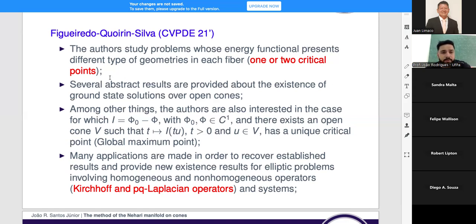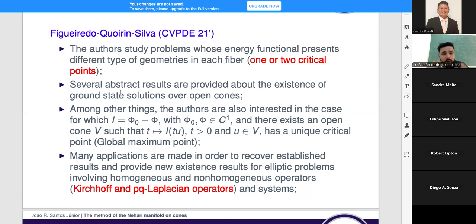In this paper, the authors studied some problems involving functionals with different behavior for each fiber. So in some fibers, for example, you have two critical points. In other fibers, you have just one critical point.